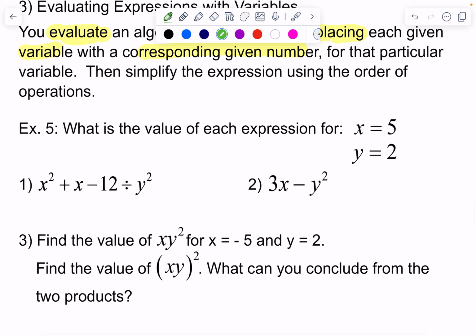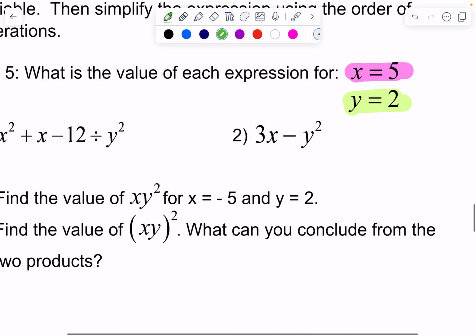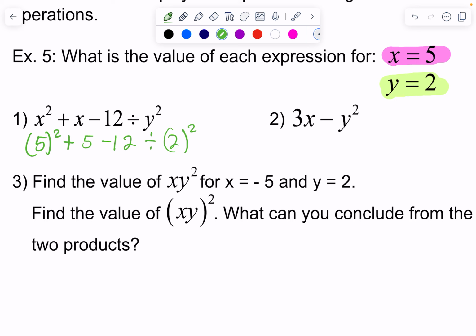So let's find the value of each expression if I use x equals 5 and y equals 2. So I have x squared, and for x we're going to use the value of 5. So I'm going to have (5) squared, always keep it in parentheses, plus 5 minus 12 divided by 2 squared.